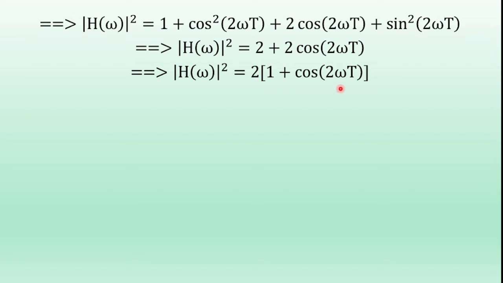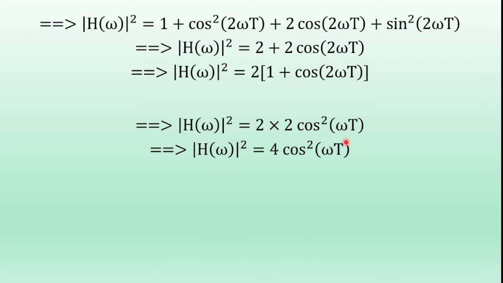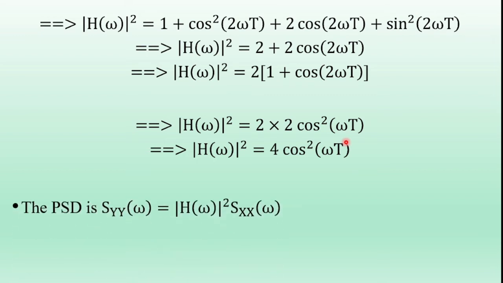We know that 1 plus cos 2 theta is 2 cos square theta. Therefore, 1 plus cos 2 omega t is 2 cos square of omega t, and 2 into 2 is 4. So the magnitude of h of omega whole square is 4 cos square of omega t. We know that the power spectral density of the output y of t is Syy of omega equals magnitude of h of omega whole square into Sxx of omega.